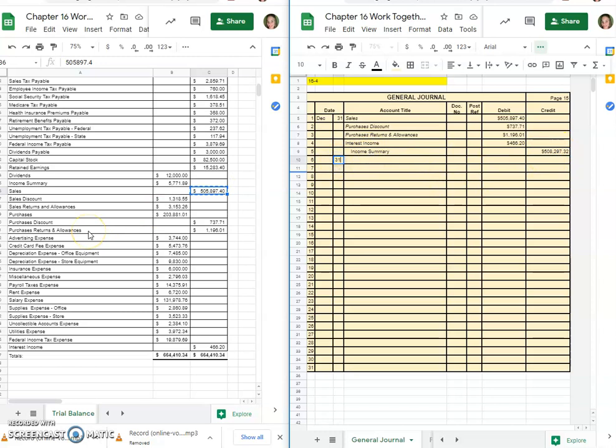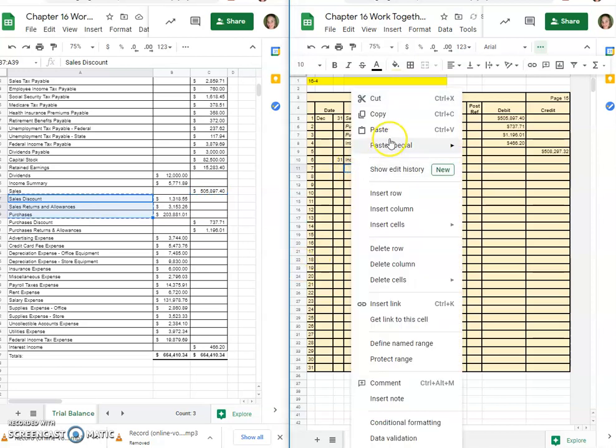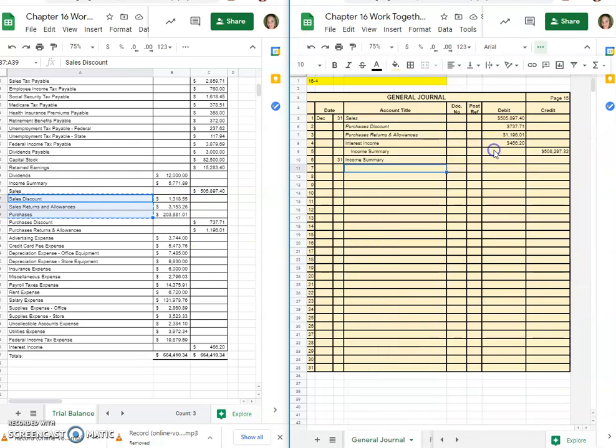All right, next entry. We will put a placeholder for income summary here. But now we're going to need to get all of our accounts with debit balances to close out. So we have sales discount, sales returns and allowances, and purchases. We will just paste them over as values only.